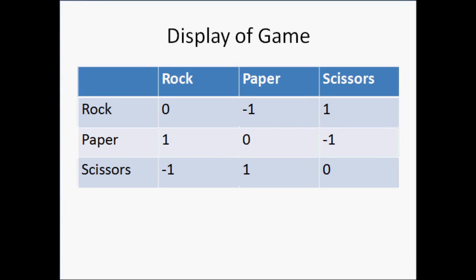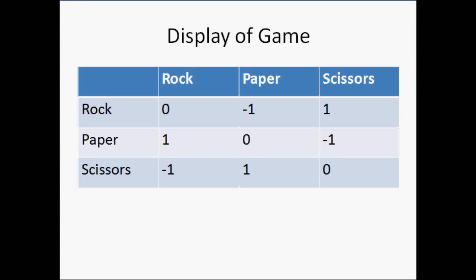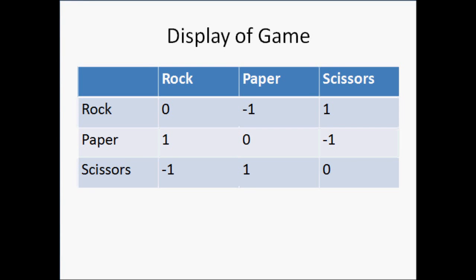So if I select rock and my opponent selects paper, then the corresponding spot in the table is -1, indicating that the row player has lost 1 point relative to the column player. Whereas if I select paper and my opponent selects rock, now the paper-rock intersection is 1 point.